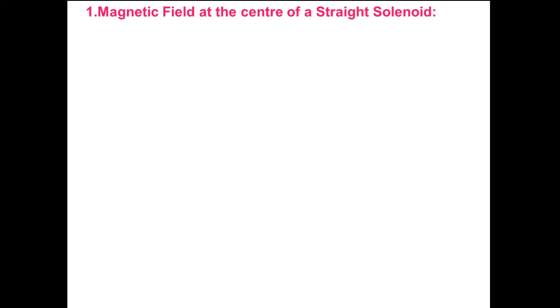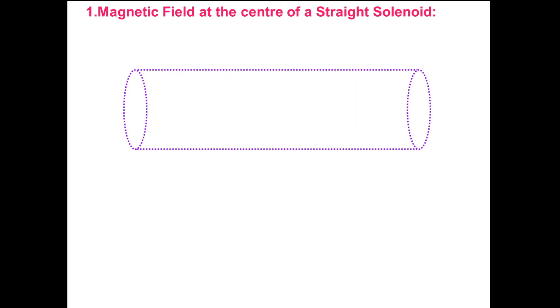First, the magnetic field at the center of a straight current carrying solenoid. A solenoid means the length is large. Long solenoid means long as compared to its radius.